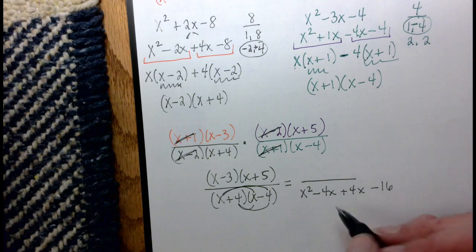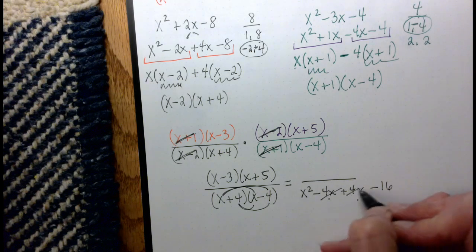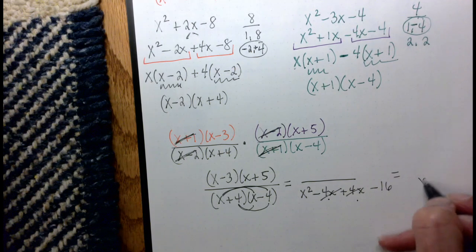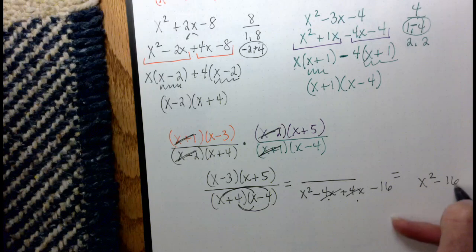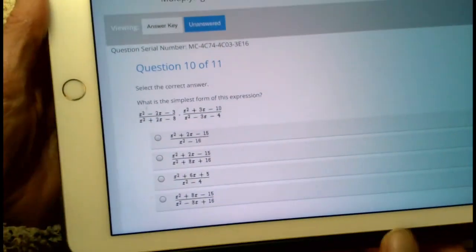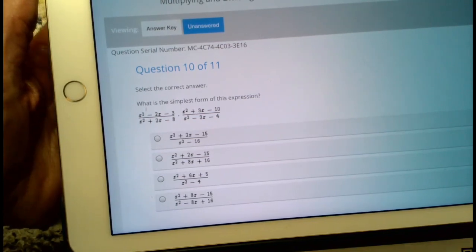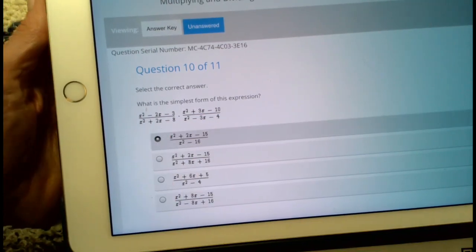And we notice that this is a minus 4x and this is a plus 4x. Those cancel out, and we get x squared minus 16. And when we go back and look at Edmentum, only one of those answers has x squared minus 16 in its denominator, which is this one.